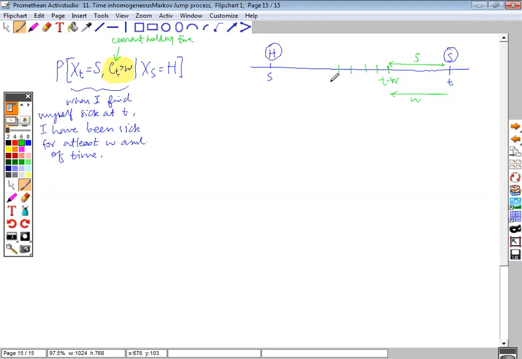So if that is the case, which is what we're trying to do here, you will have to use another random variable to denote this as t minus v. So when I write t minus v here, this is the actual time you became sick and then stayed sick till time t.